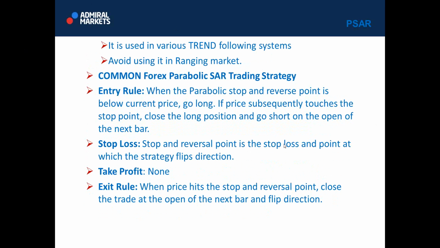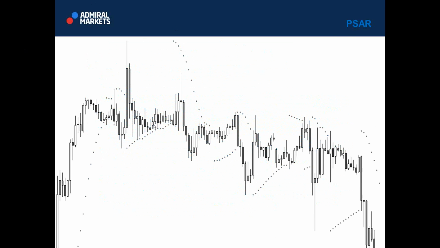And basically, you can see it on the chart. This indicator, as I said, follows the price, but it is not just giving us a trade direction or a trend, it gives us a trailing stop which we can use.